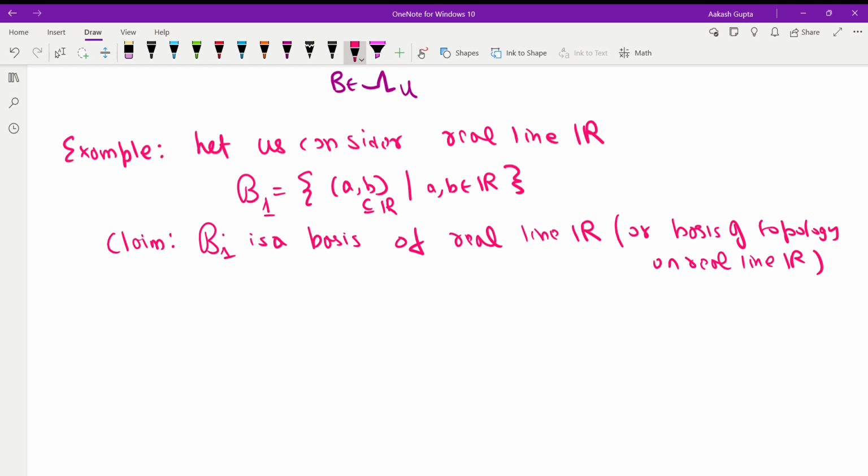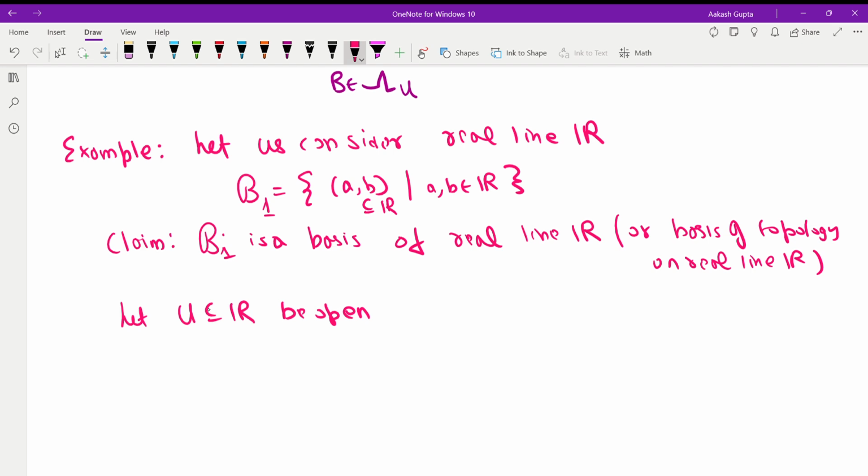Let us see why this is true. Okay, so let U contained in R be open. Guys, what it means, this is a metric space with your usual distance, right?